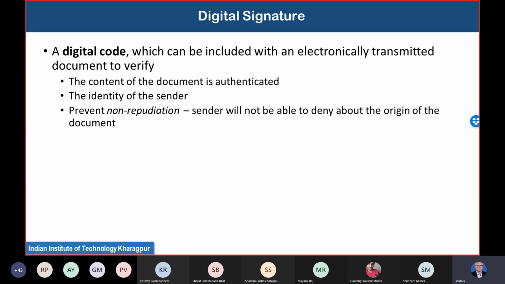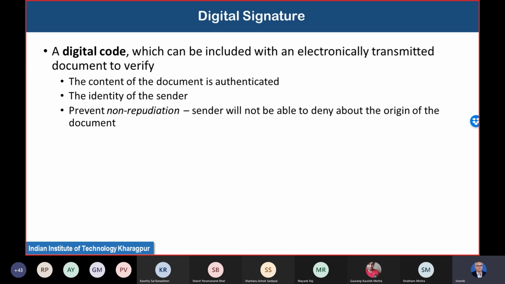We briefly mentioned yesterday about digital signatures and what regular signatures are all about in the context of, say, signing of checks and so on. Now, in digital signature, we have a digital code that can be included with an electronically transmitted document.